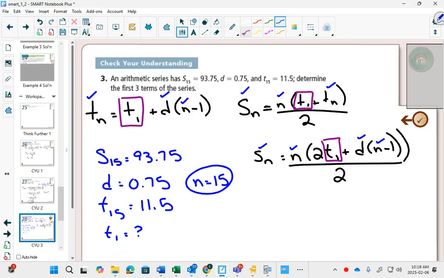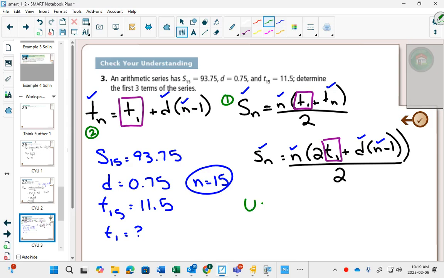So I'm going to do it first with this one, because this is what the textbook wanted you to do, and then we're going to do it second with this one. Do you see that if you use the second one, you don't even need the sum part? They kind of gave us more information than we actually needed here. So we'll do the first one first, because that's what the textbook originally planned.